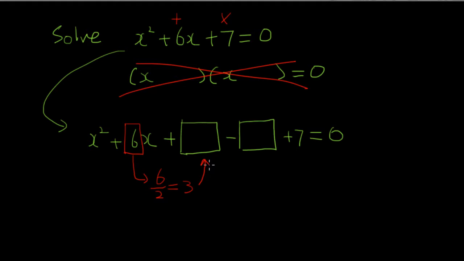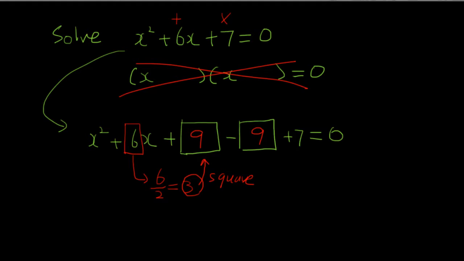After we get this number, we are going to square it and put it in. So what's 3 squared? Well, 3 squared is 9. So we're going to put 9 there, and since we put 9 there, we are also going to put 9 there too. And that's determined by this number, whatever number we have, we divide by 2.